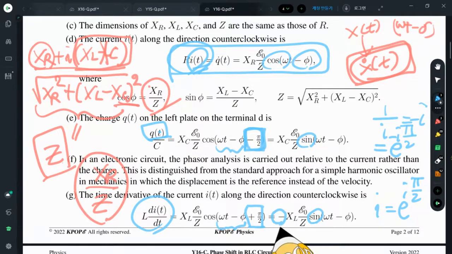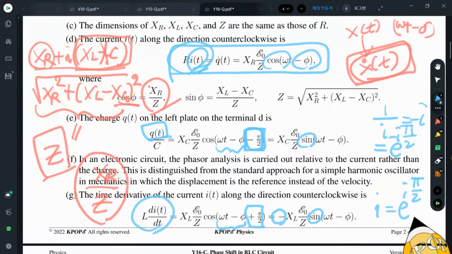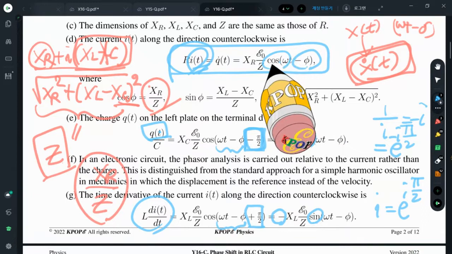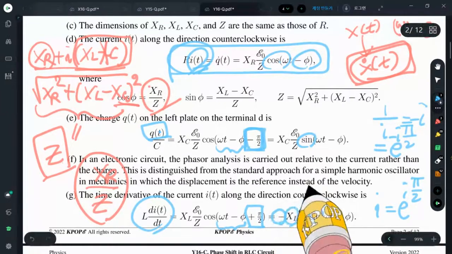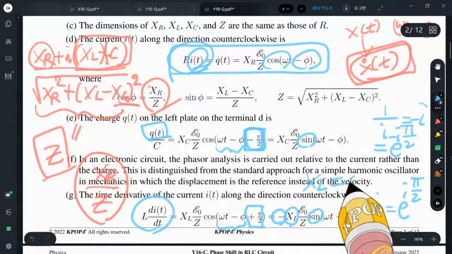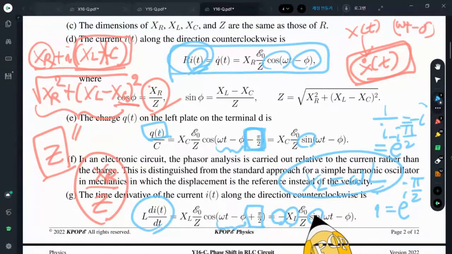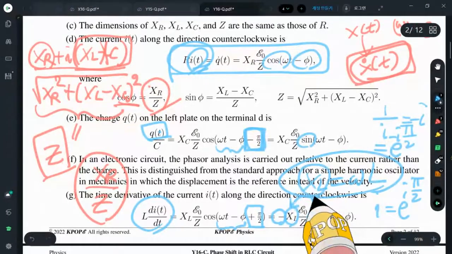You know why? It is the integral, and this is the derivative. If you take the derivative, cosine becomes a minus omega sine, and that omega dependence appears here. XL is omega L, so that additional omega is absorbed into here.